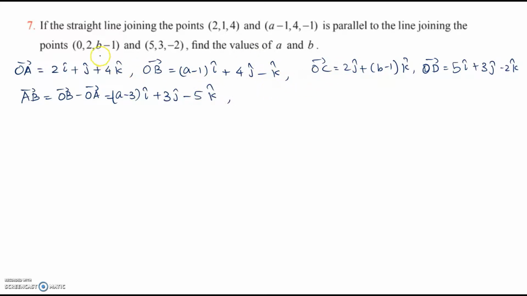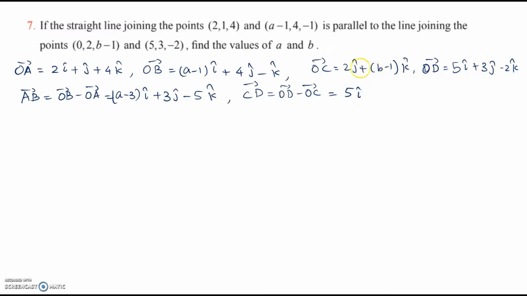Similarly, the line which joins these two will be CD. So line CD is equal to OD minus OC. Subtracting OC from OD, we get 5 minus 0, sorry, there's no i cap in OC, so this will be 5 i cap.